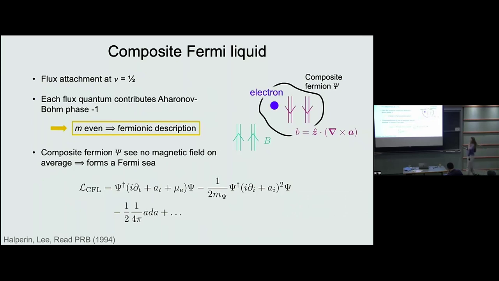So at nu equals 1/2, on average at the mean field level, this composite fermion doesn't see any magnetic field. But because it's a fermion, it's going to want to form a Fermi sea. And so, as first written down by Halperin, Lee and Read, you get an action of this form, where this little a here is that emergent gauge field giving the emergent flux that we've attached.